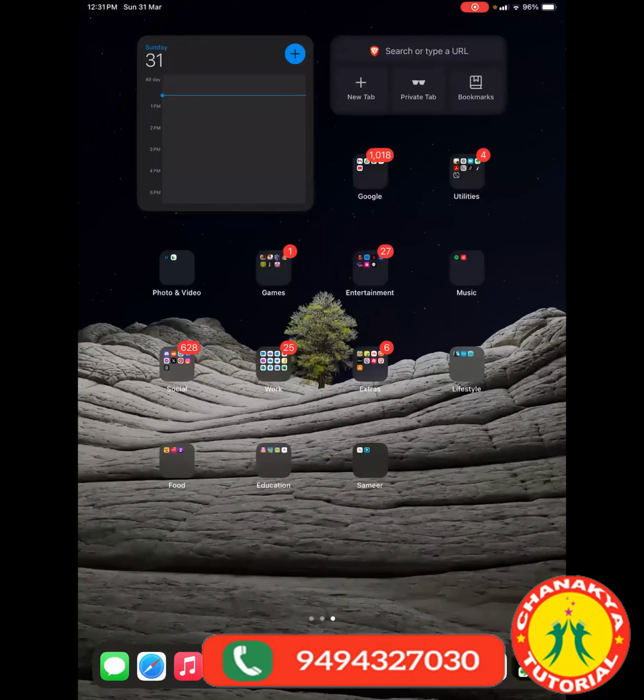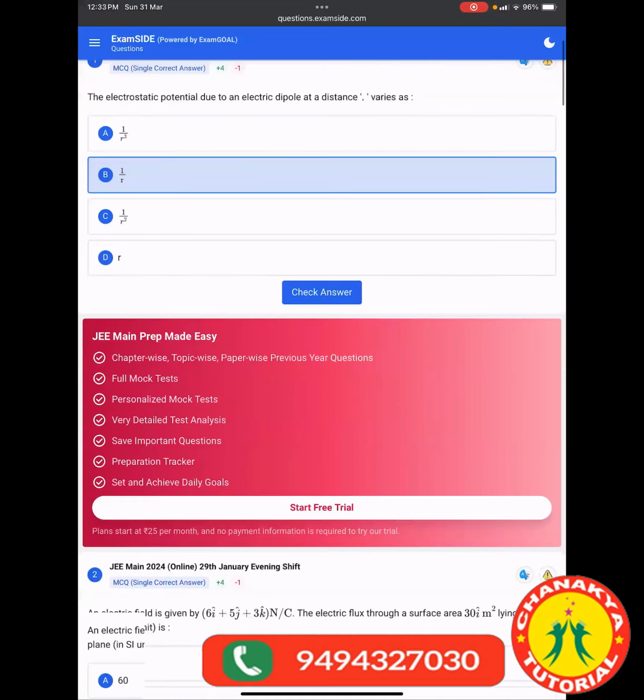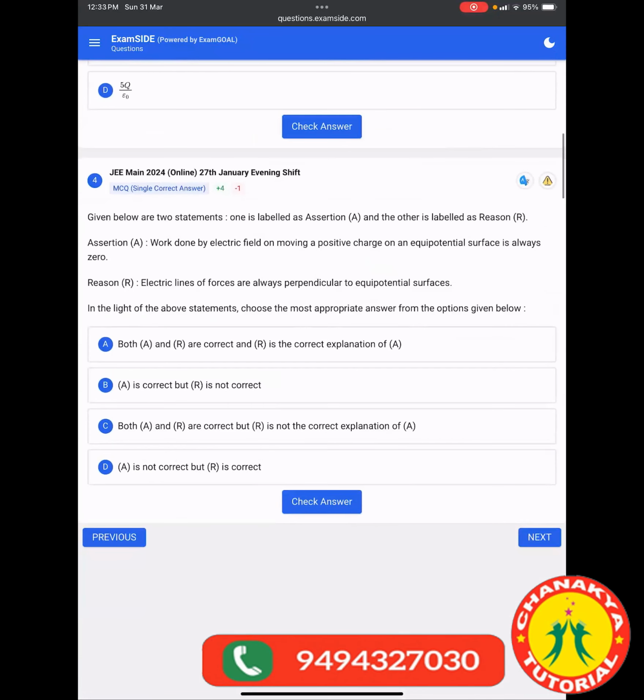So that is done. The electrostatic potential due to an electric dipole at distance r varies. As this I haven't covered, I will teach that. Electric field is given, the electric flux that I will teach later. Two charges are situated at points respectively. The electric flux I haven't taught, right?